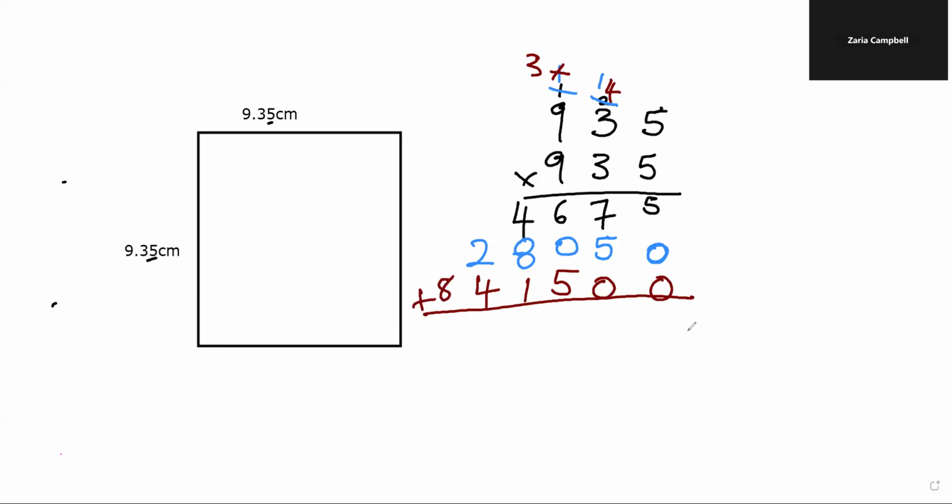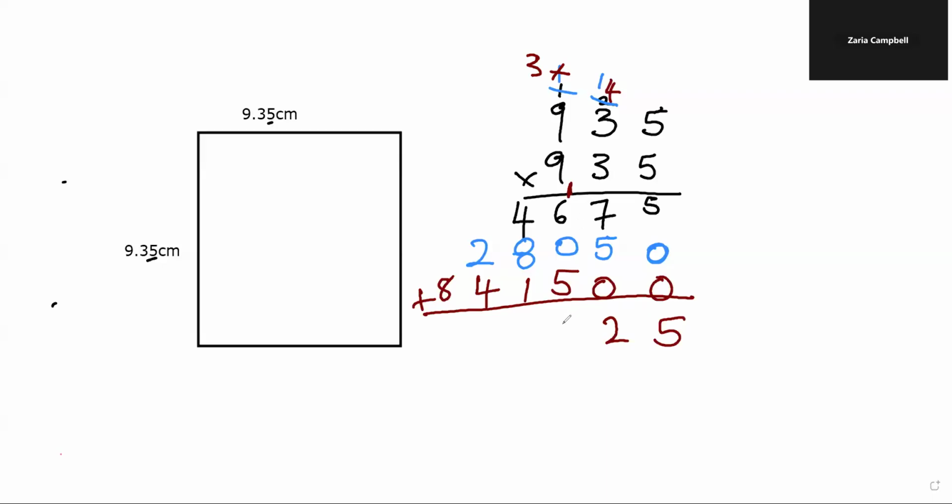5 plus 0 and 0 is 5. 7 plus 5 is 12. Put down the 2, carry 1. 6 plus 5 is 11 plus 1, 12.